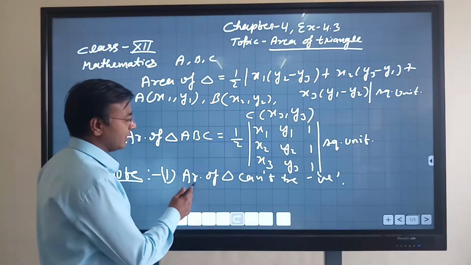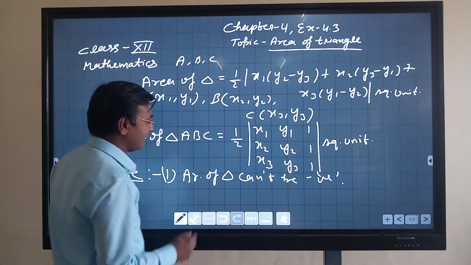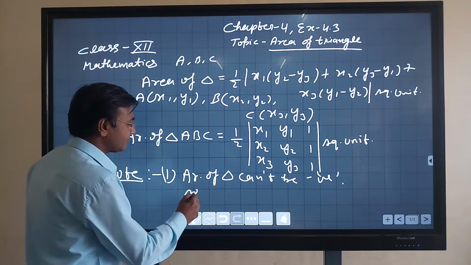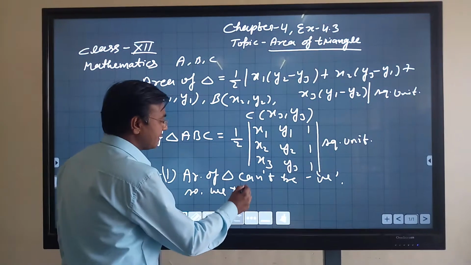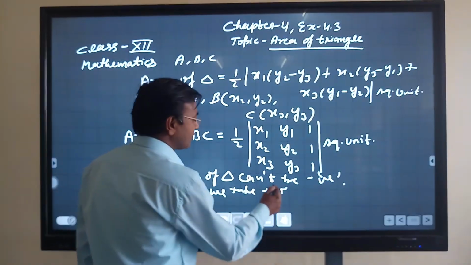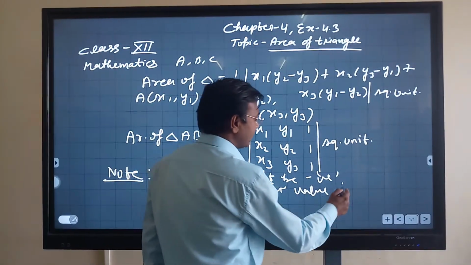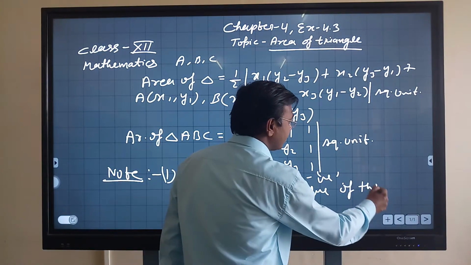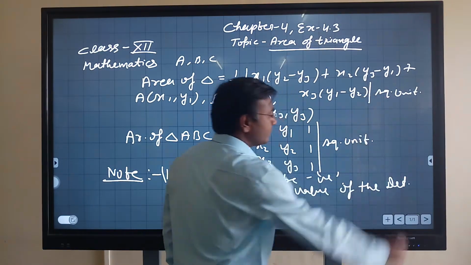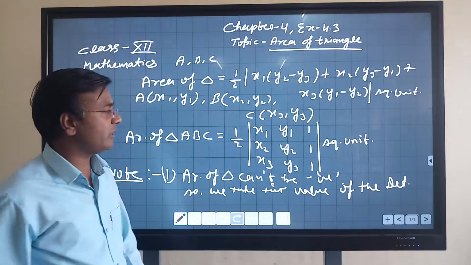It means, since the area of a triangle can't be negative, we take the positive value of the determinant.